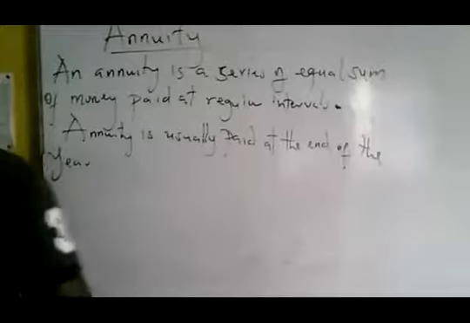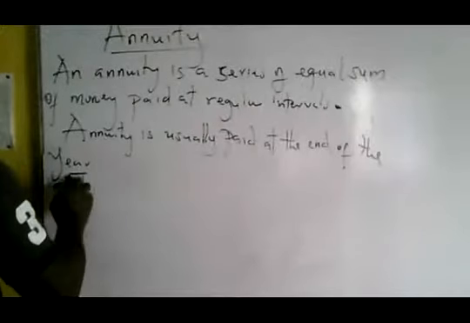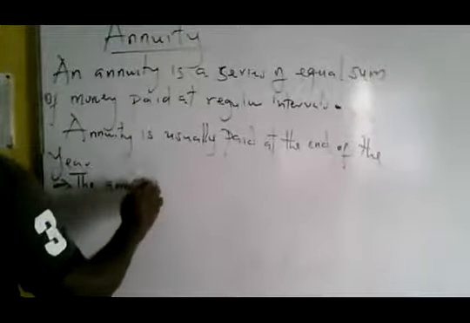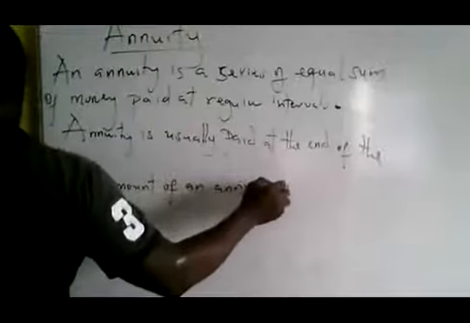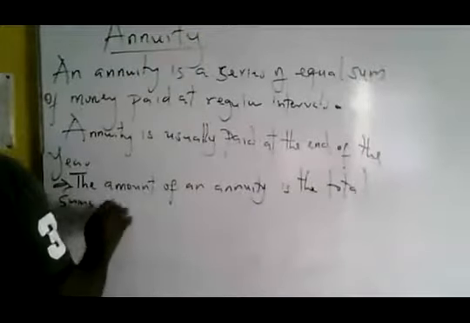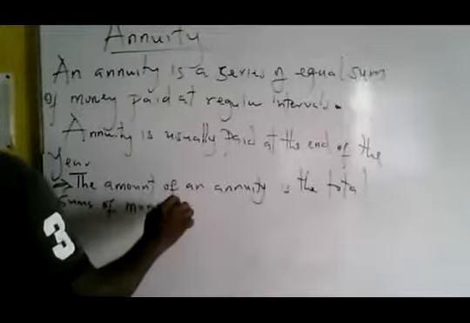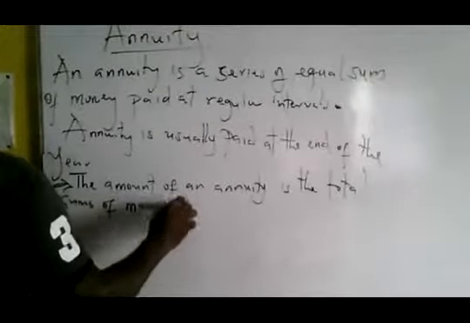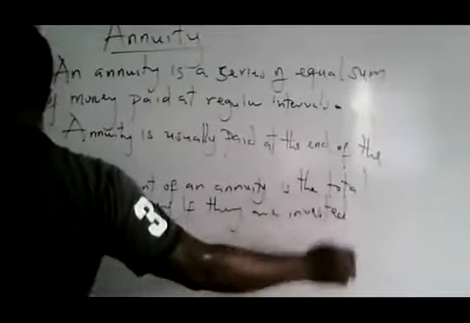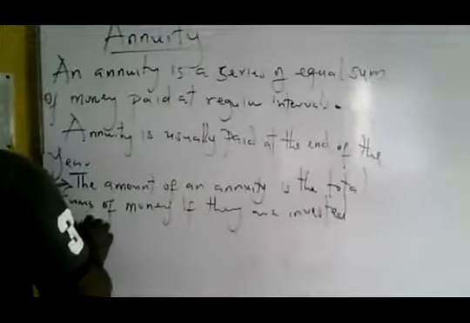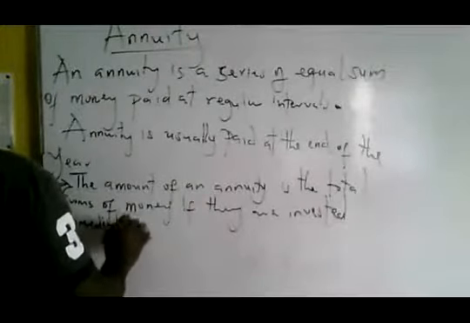All right. So the next terminology is for you to understand the amount of an annuity. The amount of an annuity is the total sum of money if they are invested immediately, they are received.